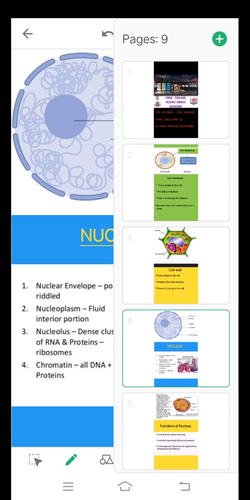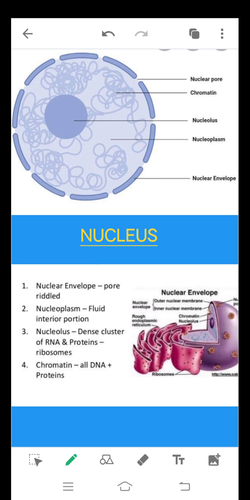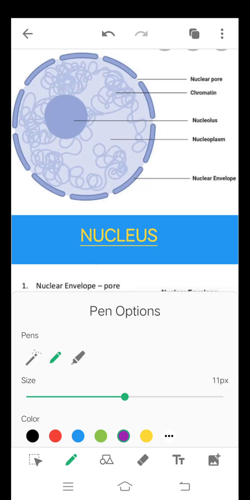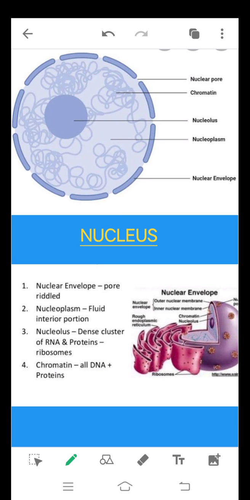The next important part of the cell is the nucleus. The nucleus itself has different components, which are the nuclear envelope, the nuclear pore, nucleoplasm, chromatin and nucleolus.